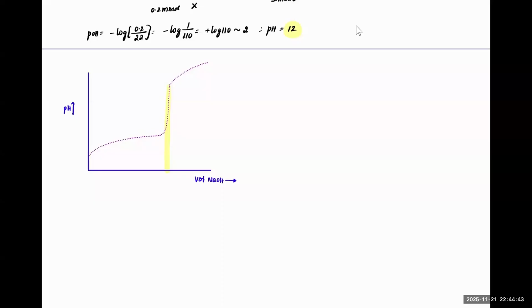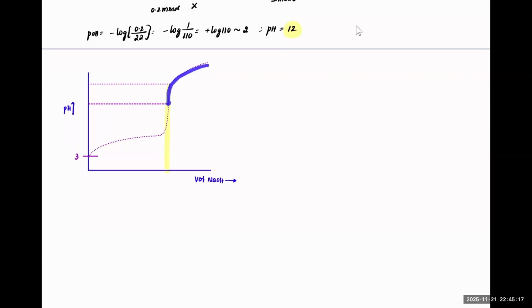Okay. And this is the value where it is 3, correct? And somewhere in the middle here, we have the neutralization point. And somewhere at this point, there is a drastic change from almost here to here.